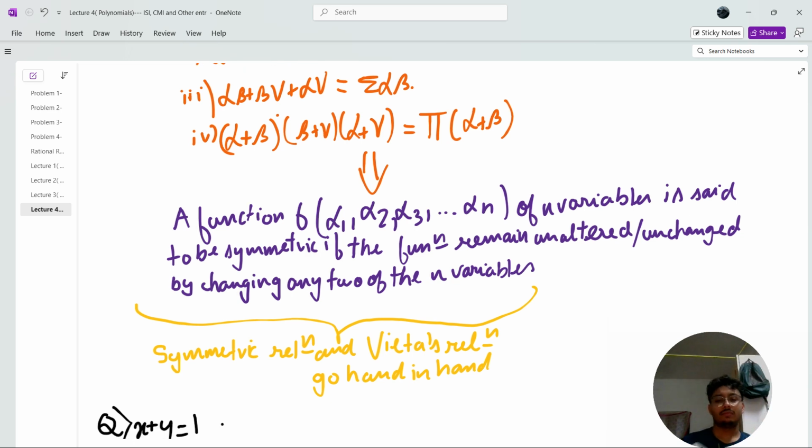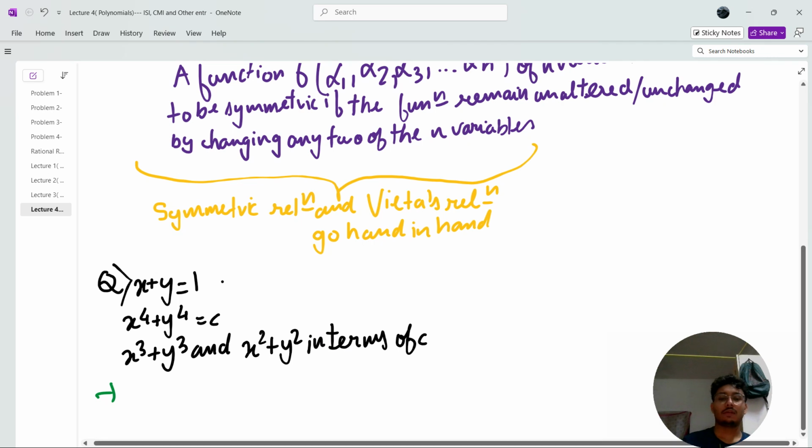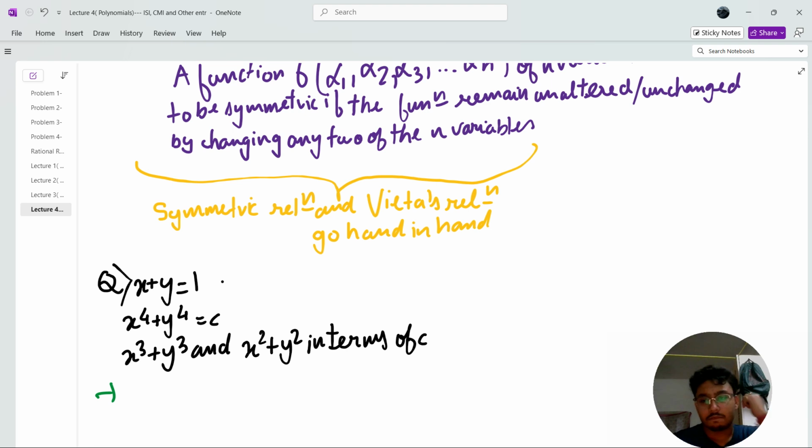Next, our session today will be an average one, around 40 minutes. I have taken up a nice question here. What I am given is, x plus y is 1, x to the power 4 plus y to the power 4 is c. We need to find out x cube plus y cube and x square plus y square in terms of c.